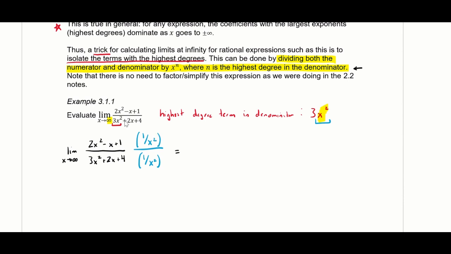What that means is each term in these expressions is going to be divided by x squared. So I have 2x squared divided by x squared, minus x divided by x squared, plus 1 divided by x squared. I'm just doing that division to all the pieces in my numerator. Denominator, same thing: 3x squared divided by x squared plus 2x divided by x squared plus 4 divided by x squared.